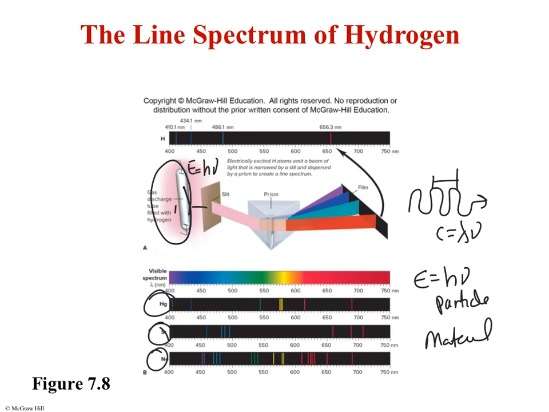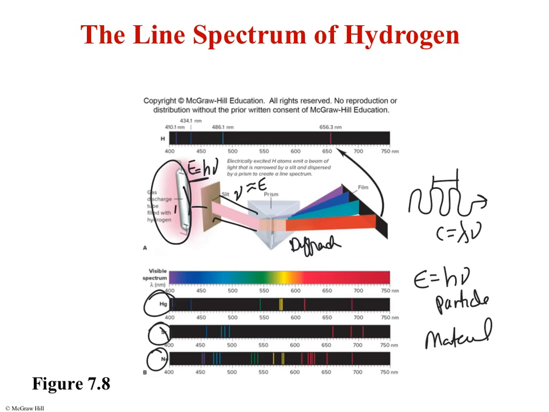That light then goes through a slit, and that frequency of light has a certain energy associated with it. That light can then go through a prism to give a diffraction pattern.